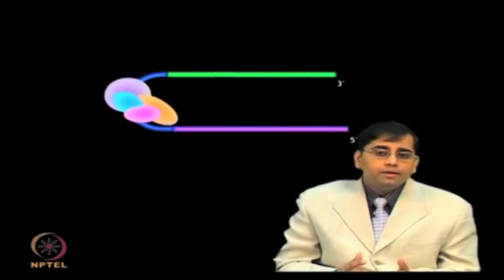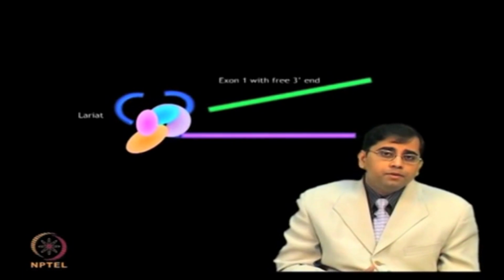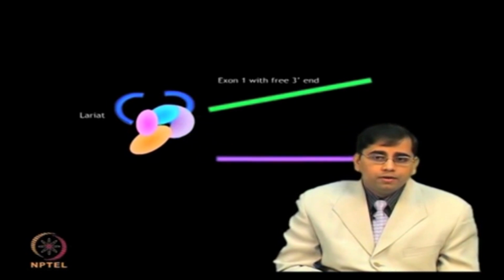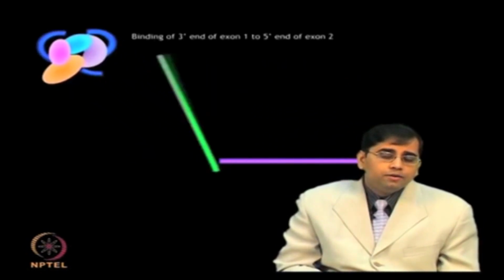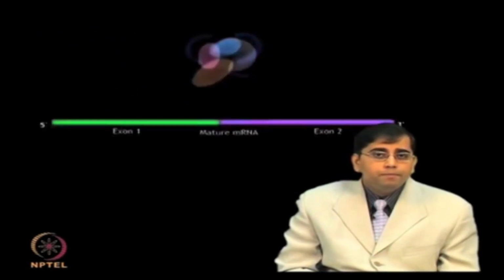By involving a series of steps, finally, the free 3' hydroxyl group of the first exon attacks the 5' end of the second exon such that they are joined together to give the mature mRNA.